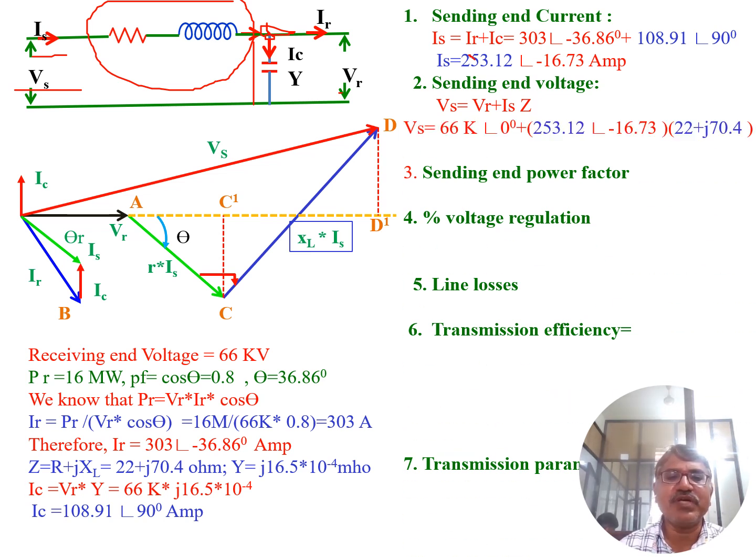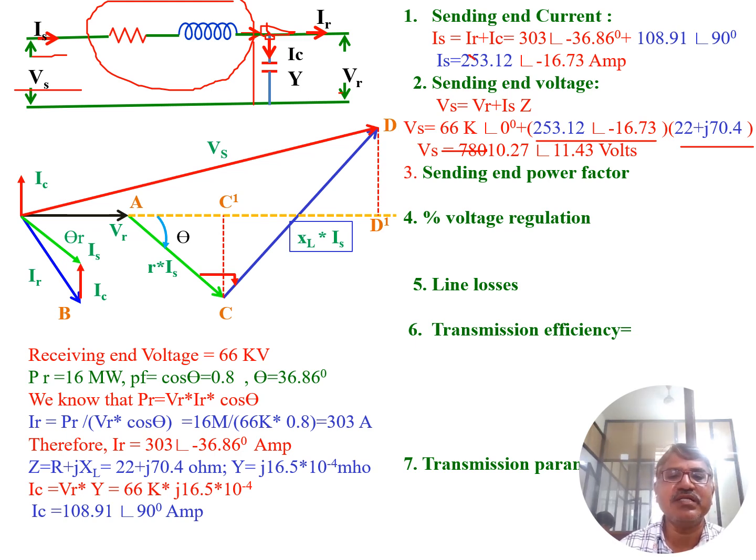So Vr is this much, 66K at an angle of 0. మరి Is వాల్యూ మనకి ఎంత వచ్చింది, this is the Is. Z ఎలా రాసాం, 22 ప్లస్ J 70.4. అవి తీసుకొచ్చి సబ్స్టిట్యూట్ ఇన్ దిస్ ఫార్ములా. So therefore Vs is calculated like this.